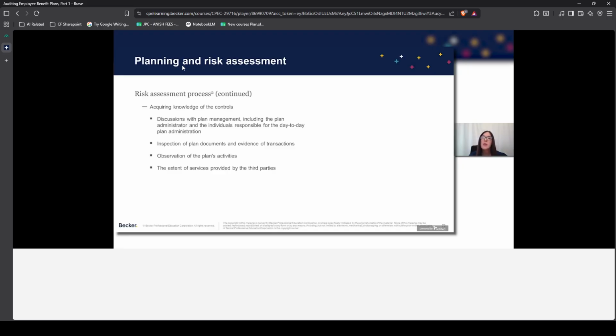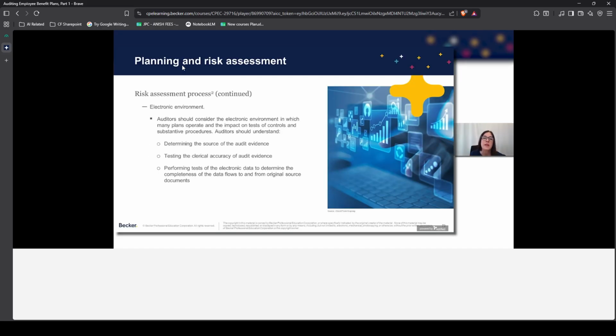If not, you're going to have to perform various interviews and have discussions with different individuals there at the plan sponsor to obtain the necessary information. You may have to inspect various documents, observe activities, even contact and get information from third parties as needed. The electronic environment also has to be considered, as I've mentioned a couple times.